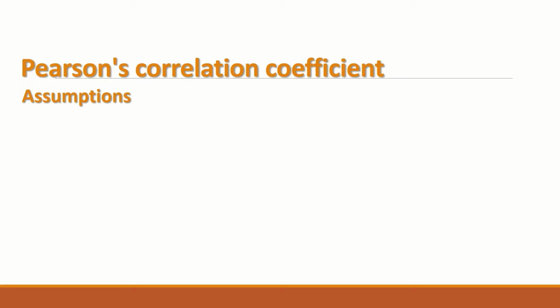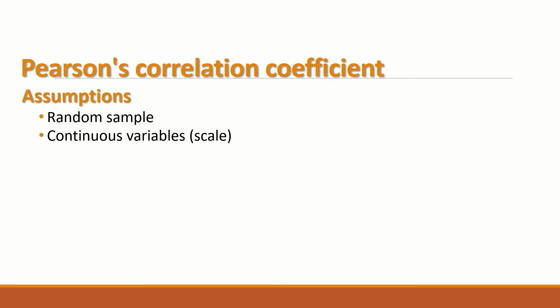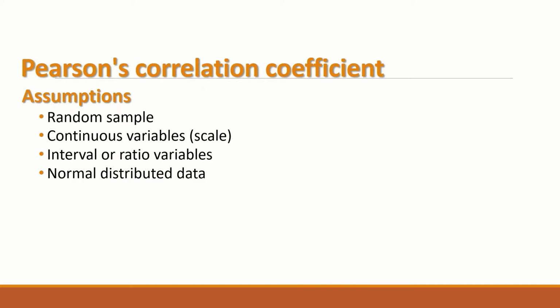So what are the assumptions for doing Pearson correlation coefficient? The data should be from random samples. The variables are continuous. Continuous means a scale from 1 to 2 or 3 and so on up to infinity. Continuous can be interval or ratio variables.